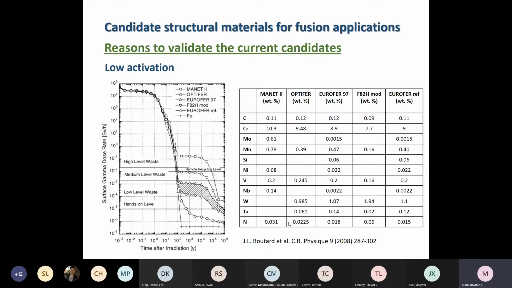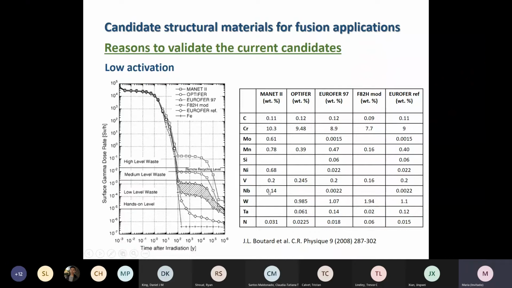I mentioned the lower activation of these alloys, and here we can see that at least the ferritic martensitic steels initially developed over the 80s and 90s, all of the ones that we are showing here are commercial ferritic martensitic steels developed in the 80s and 90s, except the Manet 2 version.